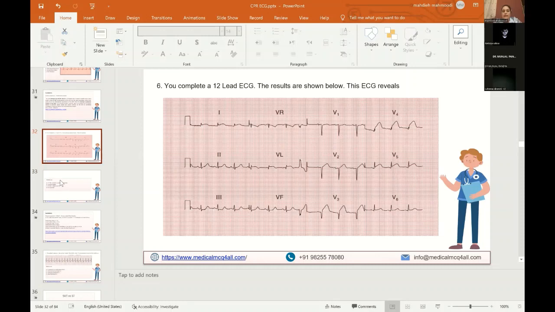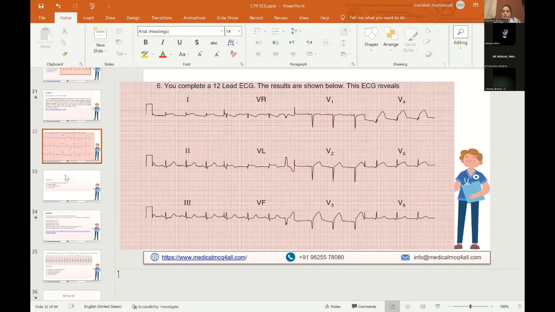Okay, and this is the options. Share the option, ma'am. Sure. A, STEMI, anterior and lateral wall infarction. B, unstable angina. C, STEMI, inferior wall MI. And D, normal ECG.